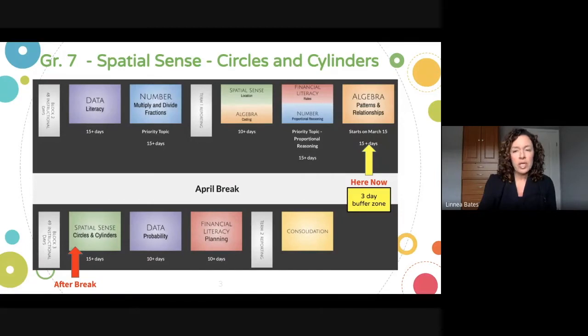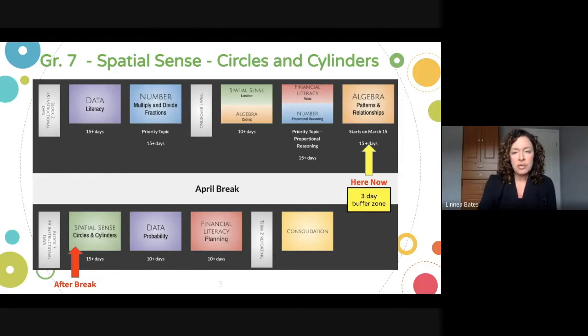So what we're looking at here is, of course, the long-range plans that you may be familiar with on the website. So this is the grade 7 spatial sense circles and cylinders long-range plan. So probably where most of you are is where that yellow arrow is, that you're probably doing algebra, patterns, and relationships right now.